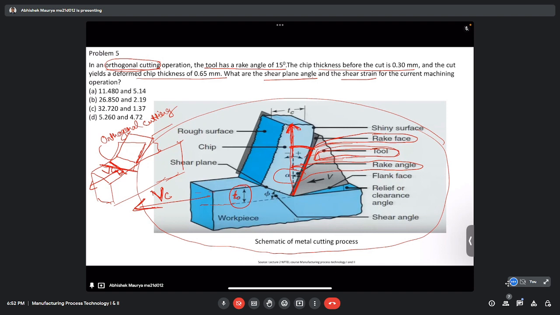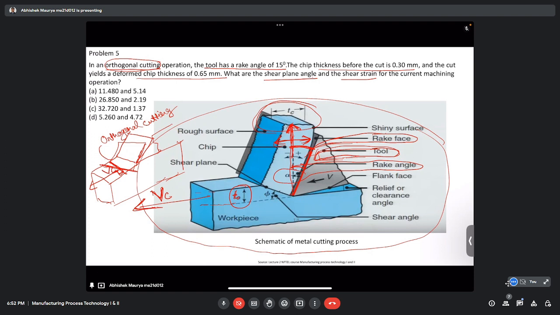This uncut chip thickness changes after cutting. If you see the chip thickness after cutting, it has increased because of the plastic deformation. So this is the chip thickness after deformation, or after cutting.